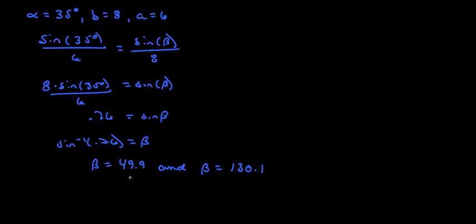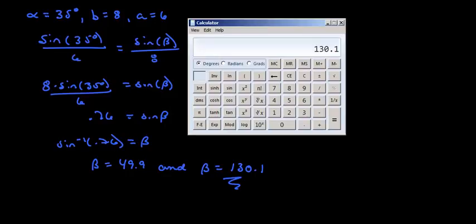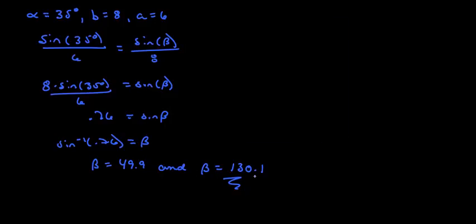Now if we take a look at the second value, we have to check this guy over here. So we say, okay, if we take our alpha value and we add it to our second beta value, do we stand for 180? And we do. So since 130.1 plus 35 is less than 180, we have two triangles. So let's set up our two triangles.